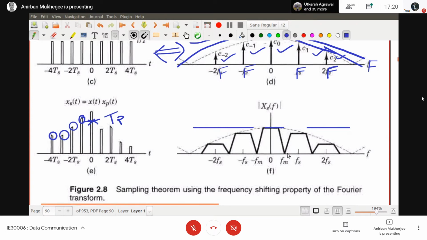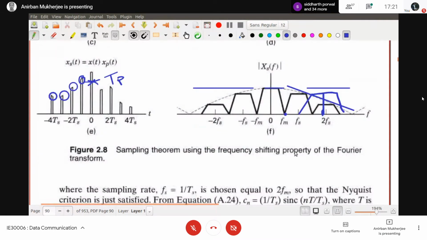Usually this one will start from this is fm, this is, say, fs. Then about fs, about 2fs, the next window will come, and depending on the strength of this waveform, that will be the strength, like this. So this is about the sampling theorem, about this frequency shifting property of the Fourier transform.